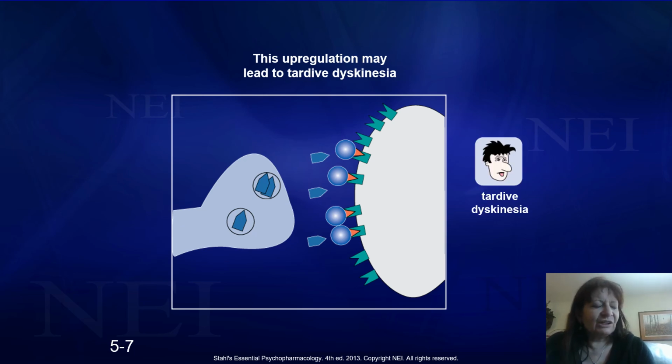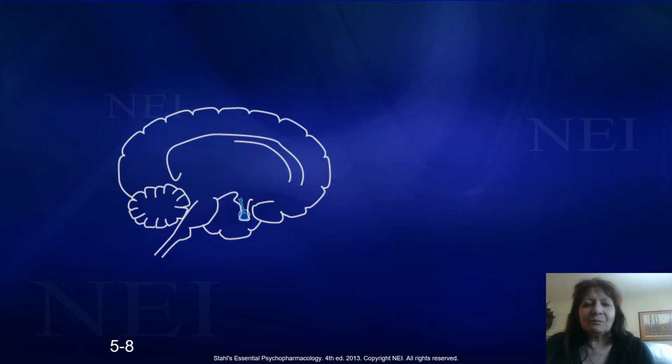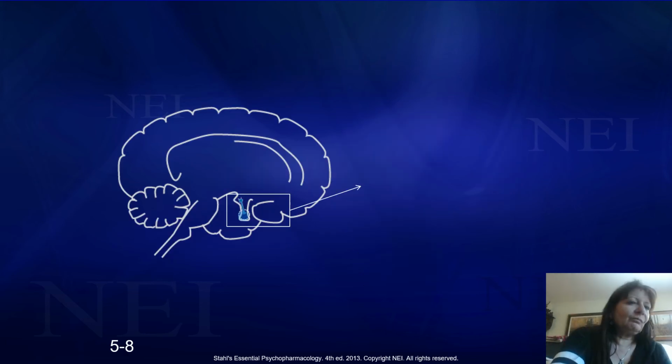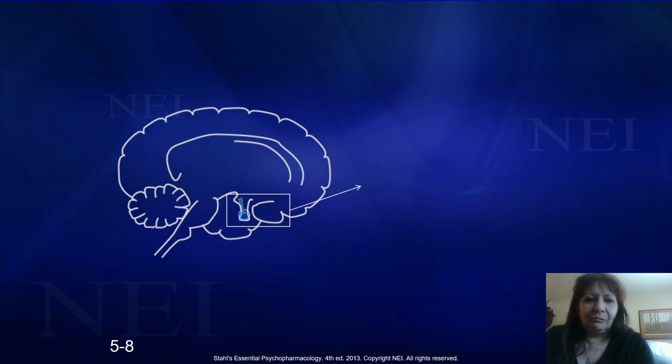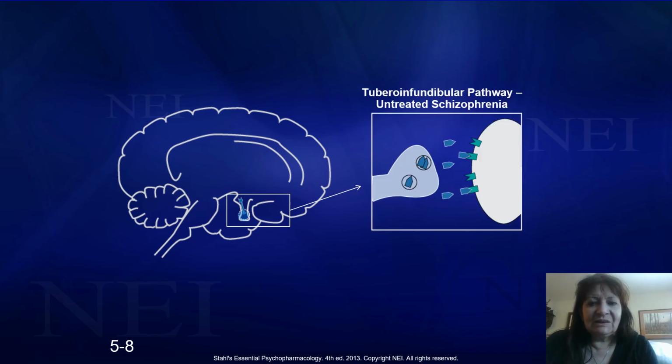In tardive dyskinesia, we have facial movements, tongue movements, jerky limb movements. Fortunately, now there are some medicines available that will treat tardive dyskinesia. This is the tuberoinfundibular pathway. In untreated schizophrenia, it is normal.